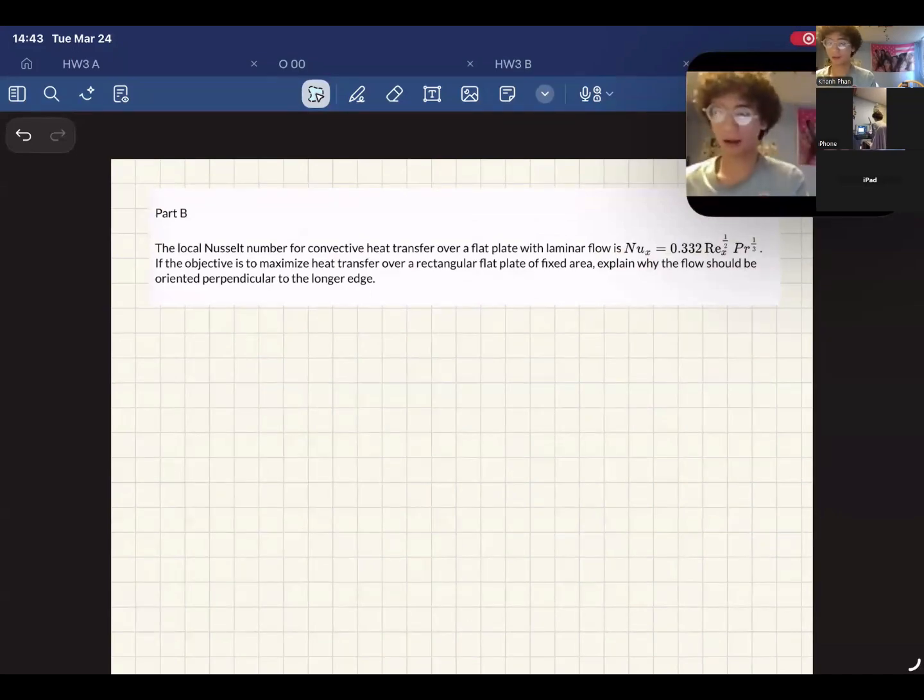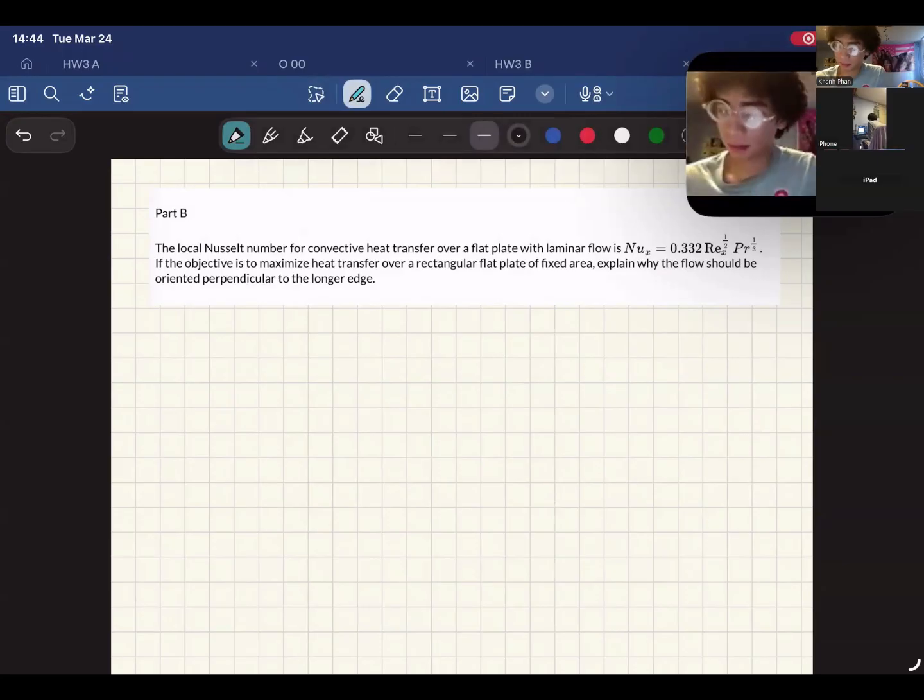Today we're gonna talk about the Nusselt number and how we can derive an explanation for why the shorter the flow, the higher the heat transfer, and then we're gonna explain why a certain direction is gonna maximize that heat transfer. So first, gonna write out the Nusselt number.